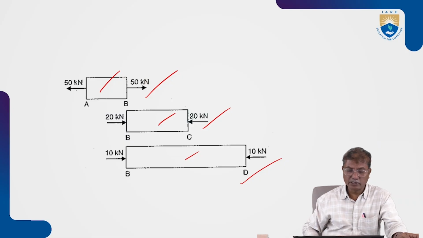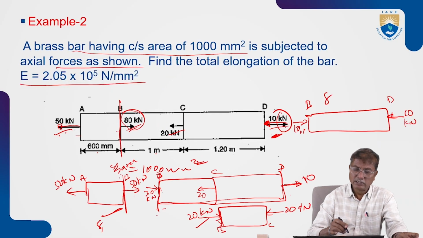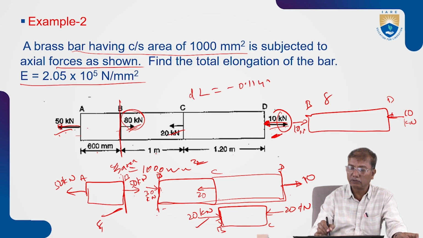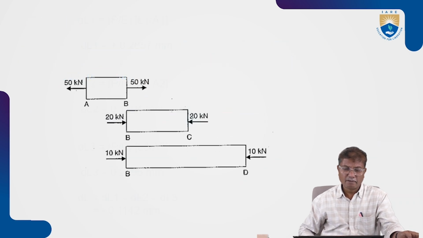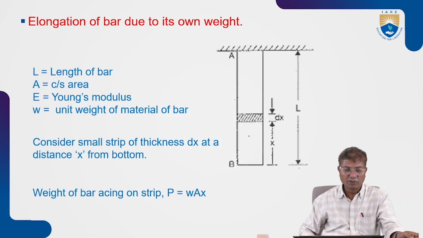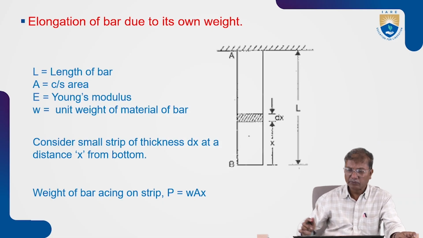So the net change in length of bar AD is negative, minus 0.1142. Okay, that's how we'll find out.